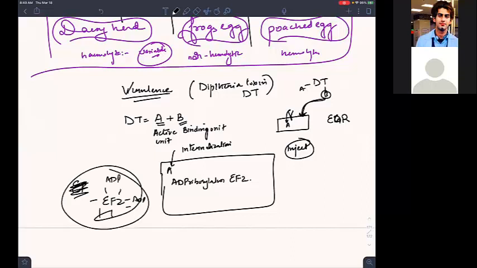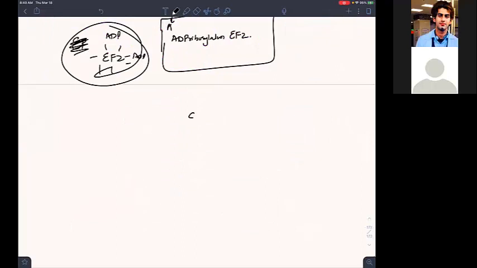Once you are doing this ADP ribosylation, I want to tell you first what EF2 was normally doing in the cell. This elongation factor 2 was helping in protein synthesis, was keeping the cell alive.